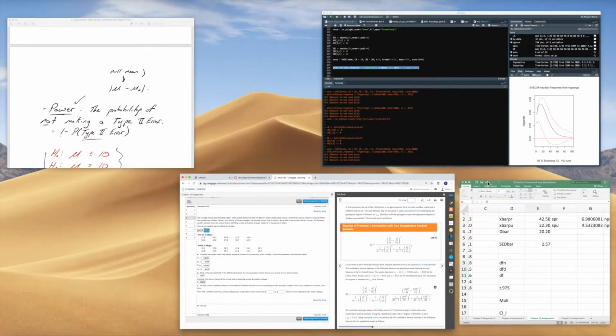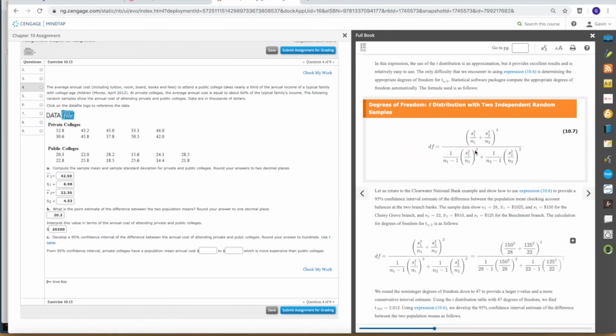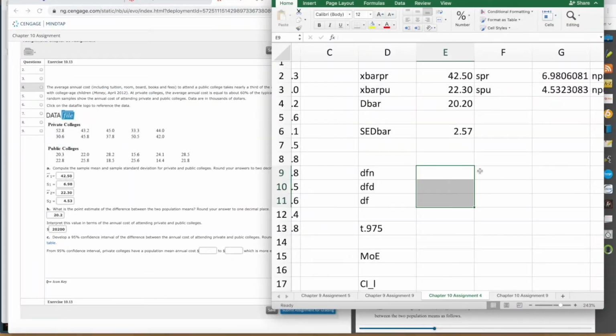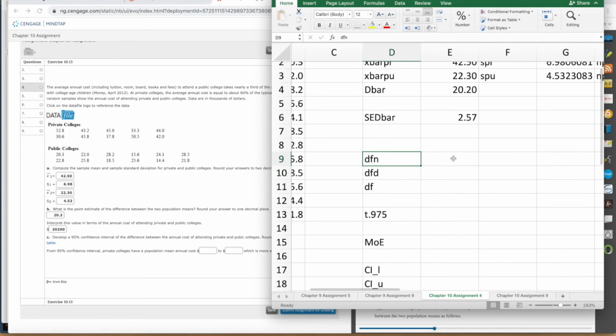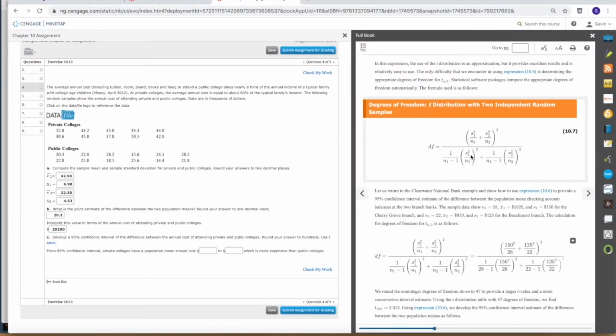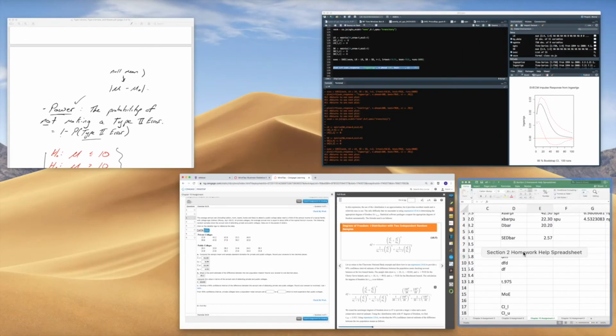So the way I'm going to do this is that we have a big fraction here. We have a numerator and a denominator. I like making my life easier by splitting those up. So I wrote dfn for numerator. That's just s1 squared over n1 plus s2 squared over n2, squared.